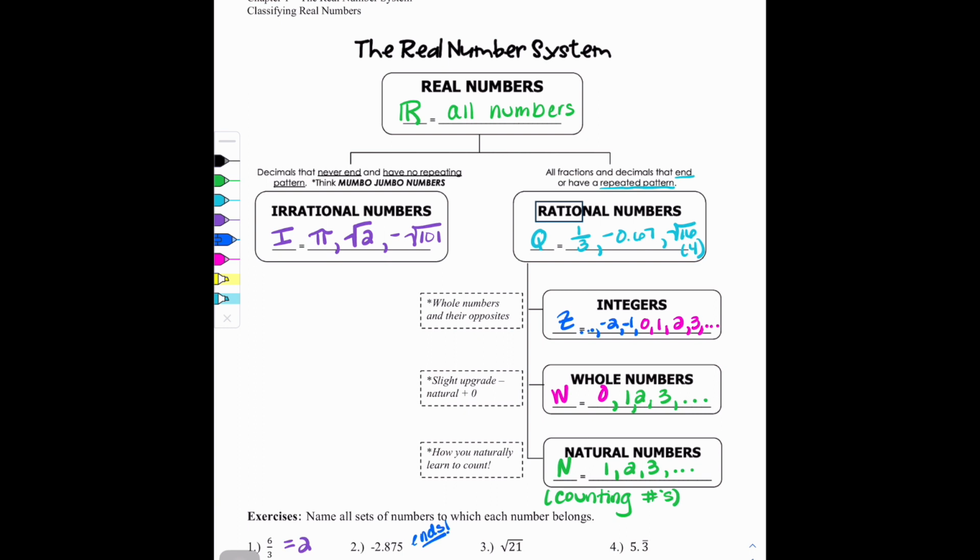The square root of 21. So the first way to think of this is, is this number a perfect square? Is there any number times itself that will give you 21? The answer is no. So if you think of this as the square root of a non-perfect square, then you automatically know it's irrational. If you're not sure about that, you can type it in your calculator and you'll see a number come up, 4.5825, and it'll go on and on and on, but never repeat.